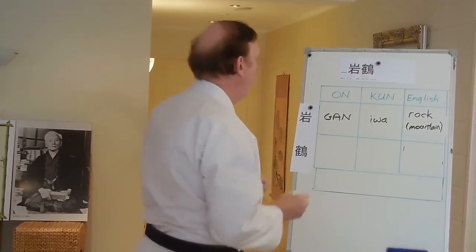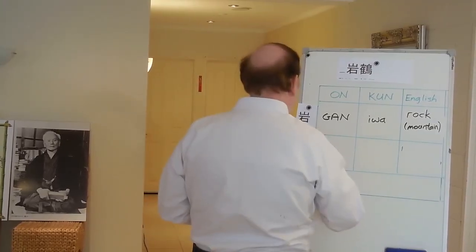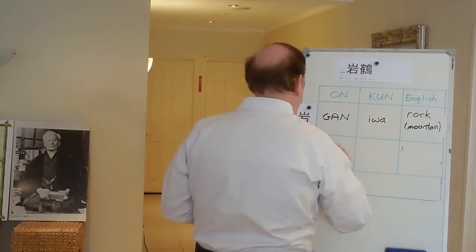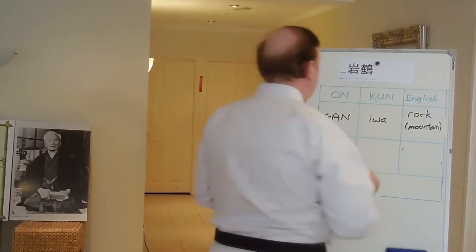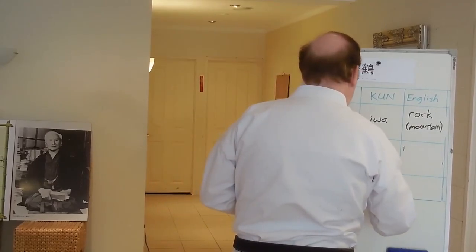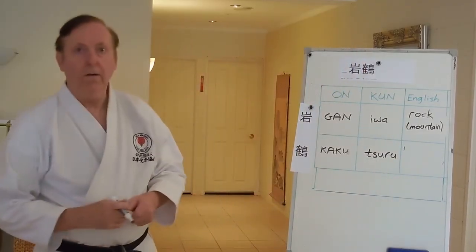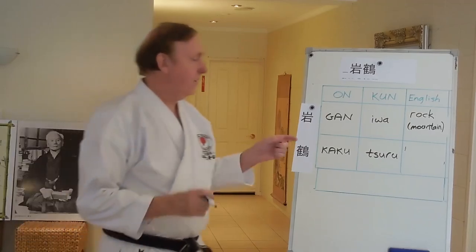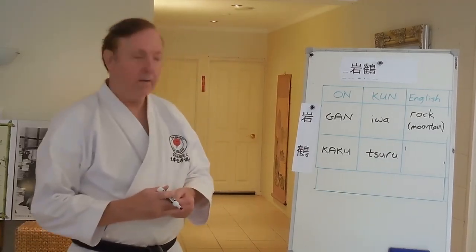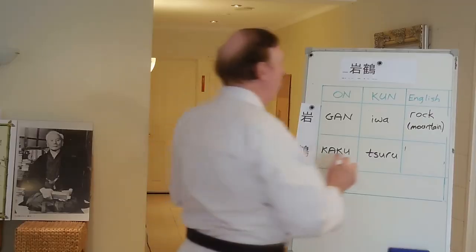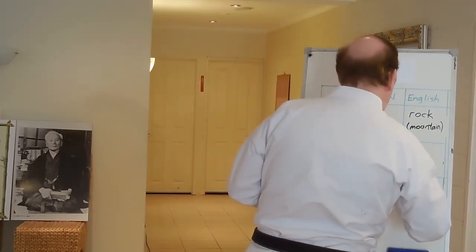And then we've got kaku. And that translates into Japanese as tsuru. So you've probably seen in this tsurudachi is the stance that's used in gankaku, and this means a crane.